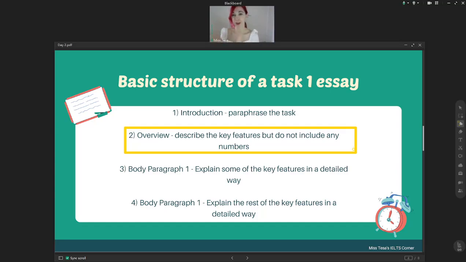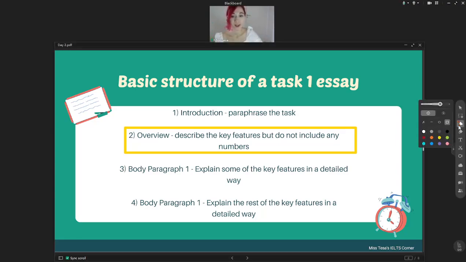If somebody read the overview, they know what this chart is about and what it represents. However, in the overview, you don't want to get specific. You don't want to use any numbers. You don't want to use any percentages and whatever. So you really want just a general view of the topic.